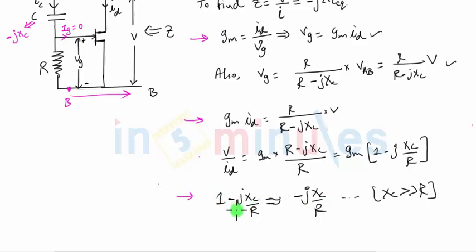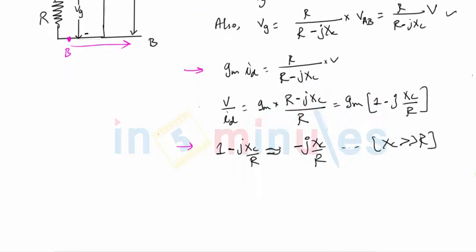So even though it's a complex quantity, the imaginary part will dominate and hence can be simply written as minus jXC by R.